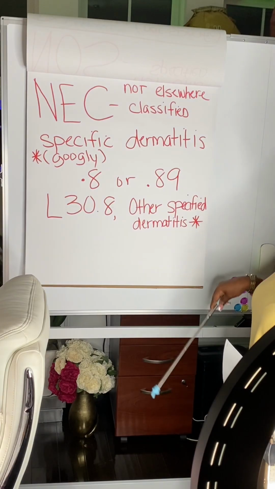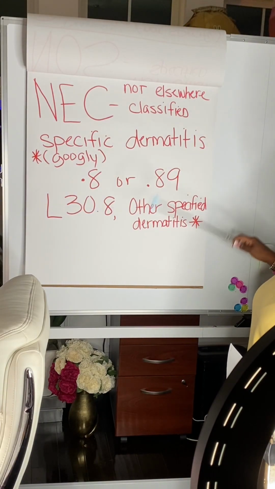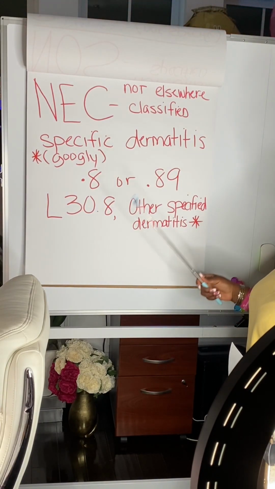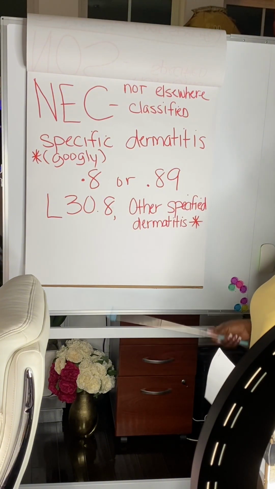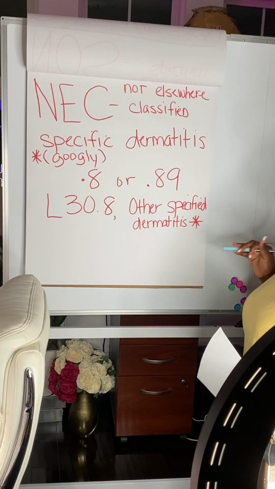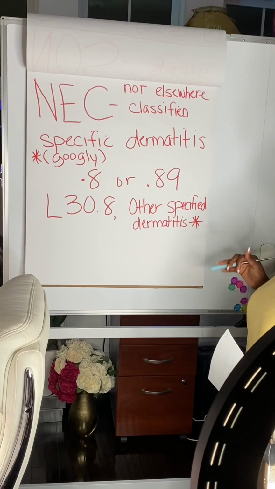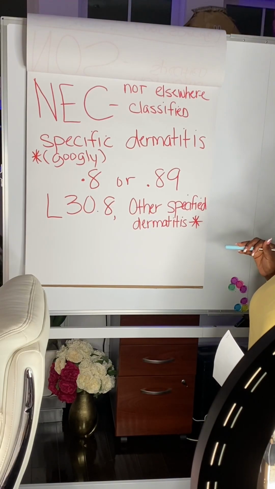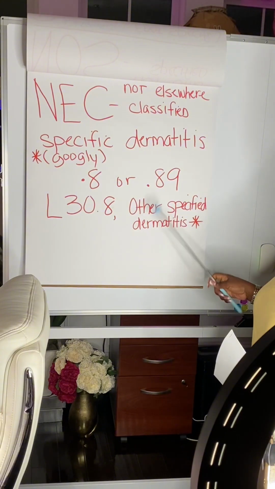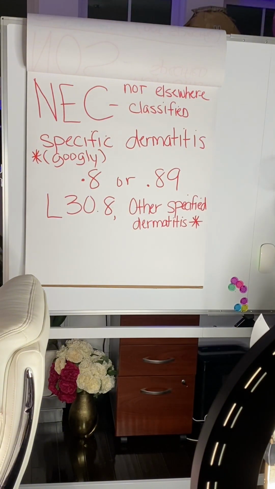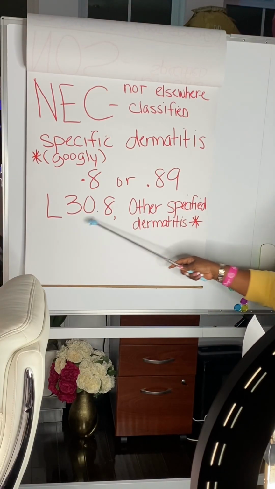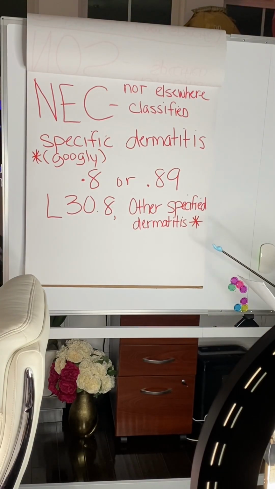There's all kinds of dermatitis. But the physicians, they're clinical. They know we could not characterize all the probably specific diagnoses in the books. So for this example, we don't see googly. So it's other specified dermatitis. The code is L30.8 in this instance.